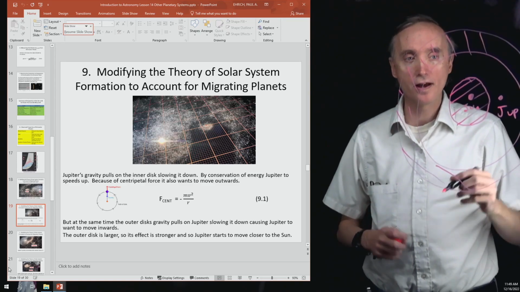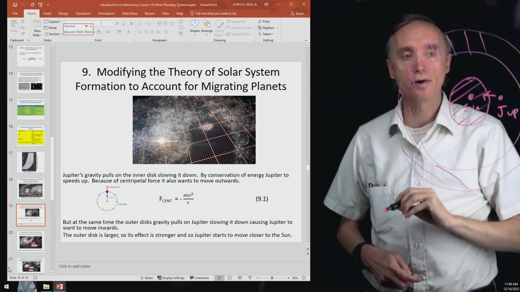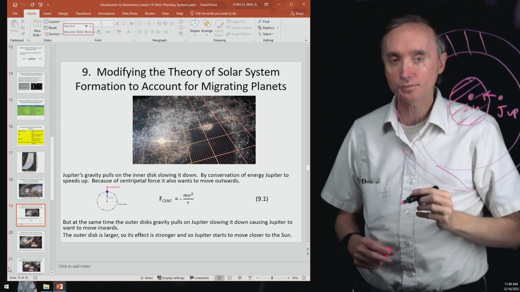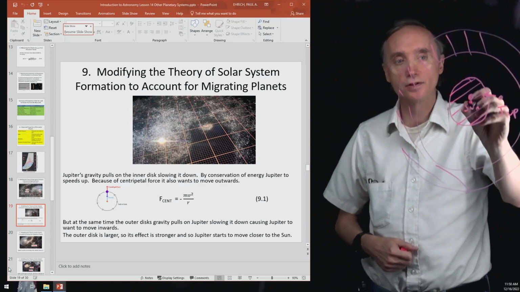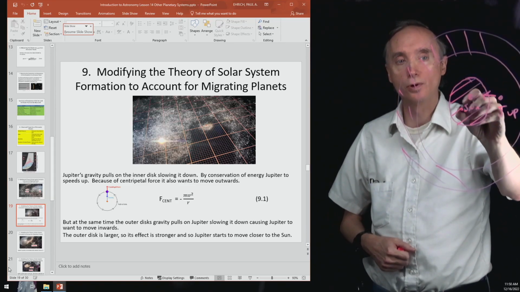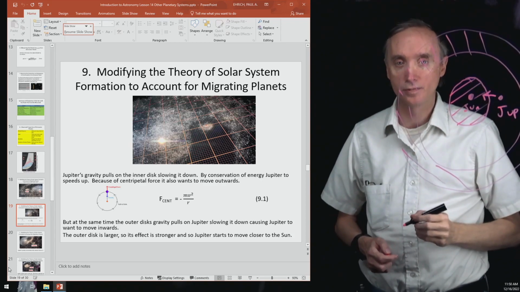So Jupiter's gravity is going to be pulling on this part of the disk. And because gravity pulls, it's going to slow down the rotational rate of this inner disk.